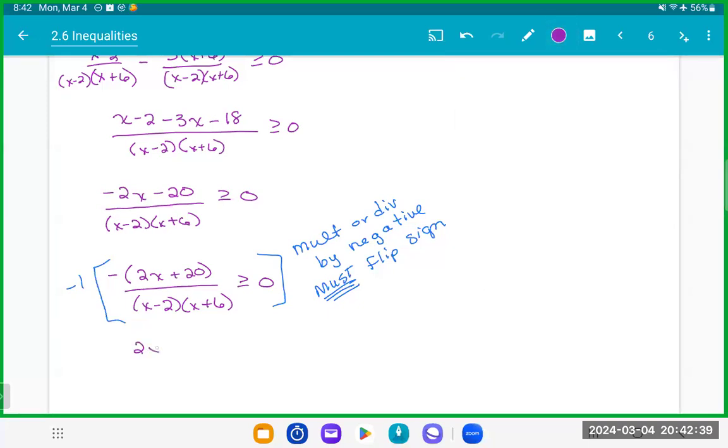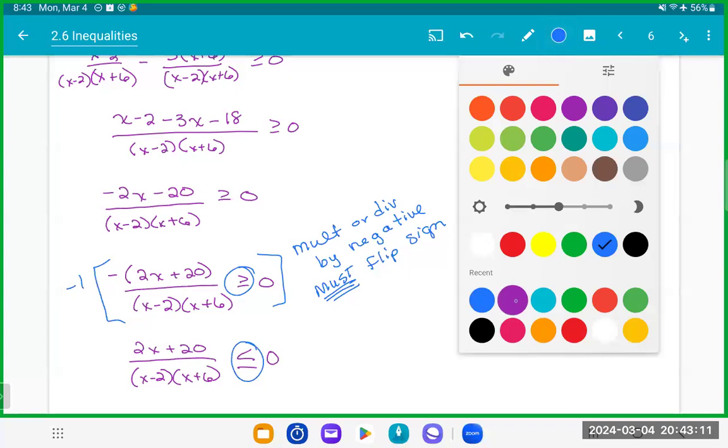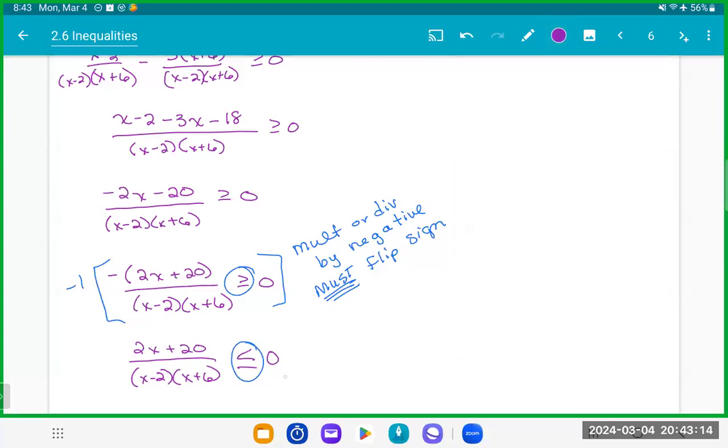So now we have 2x plus 20 over x minus 2, x plus 6. We have to flip our sign. So instead of greater than or equal, now it's less than or equal to 0. Okay, so we flipped the sign because we multiplied or divided by a negative. Okay, so in this case, my x can be -10, 2, or -6.